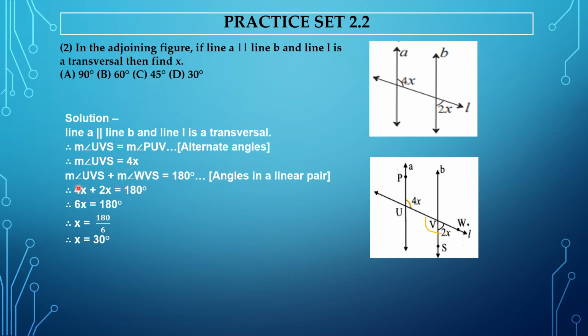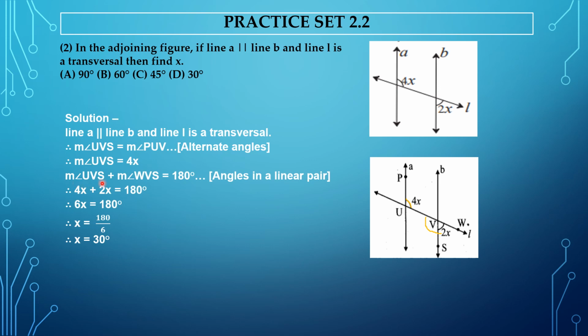Now you will find that angle UVS plus angle WVS, this angle and this angle, form a linear pair, so they are equal to 180 degrees. We'll substitute what is given.